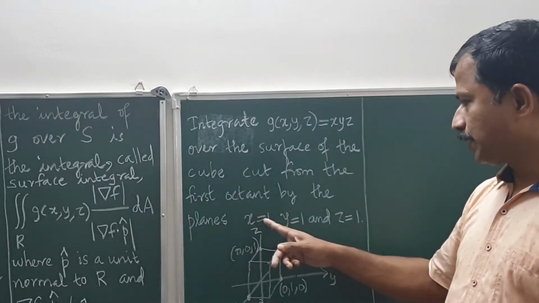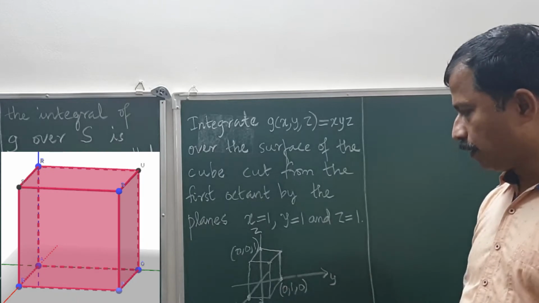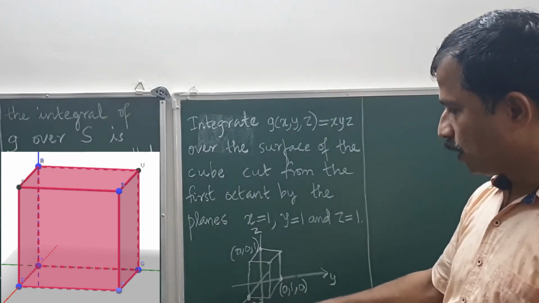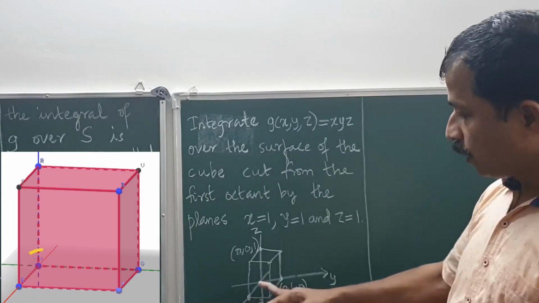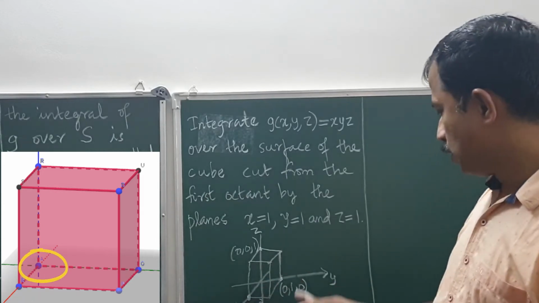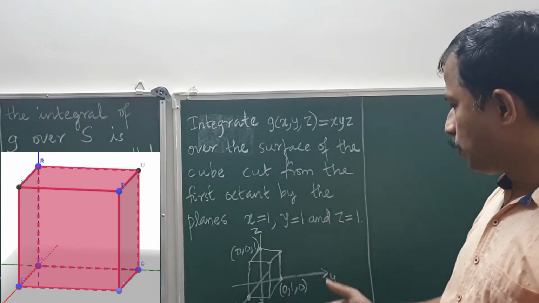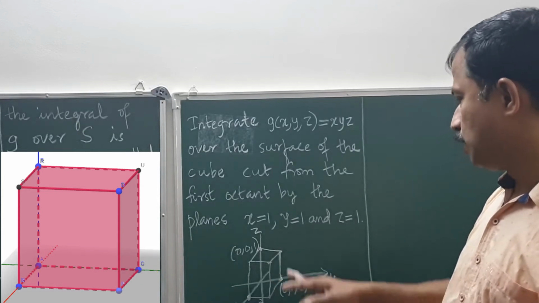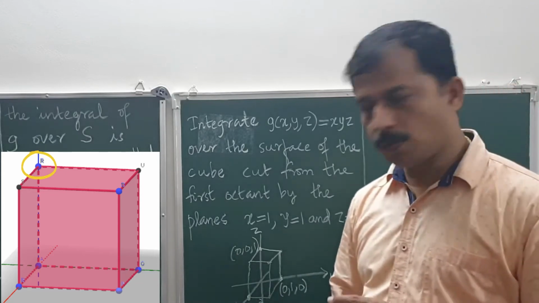Such a cube is plotted in this figure. The cube meets the x-axis at the point (1, 0, 0) and at the origin, meets the y-axis at the point (0, 1, 0) and at the origin, and meets the z-axis at the point (0, 0, 1) and at the origin.